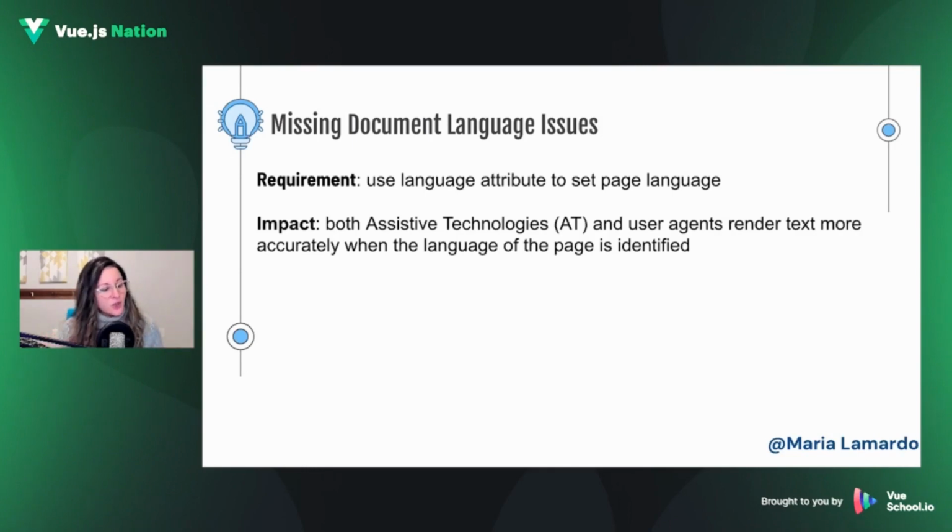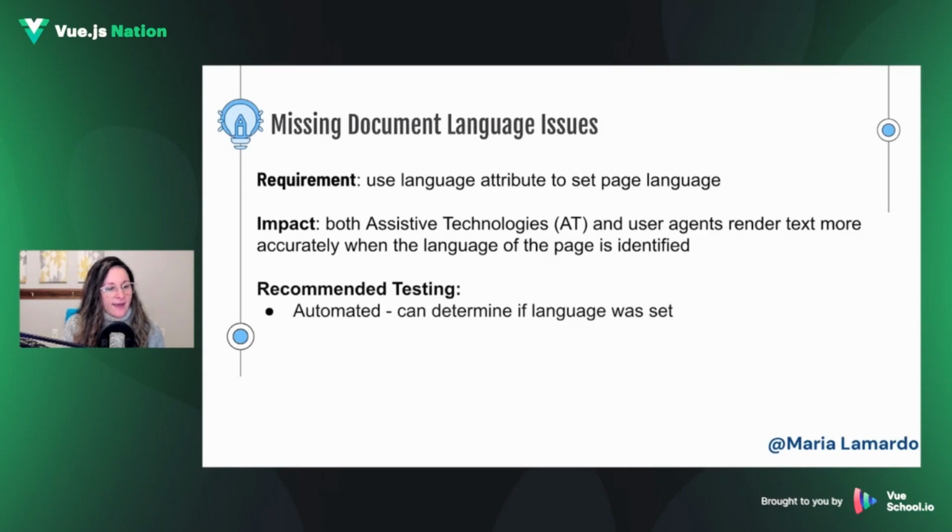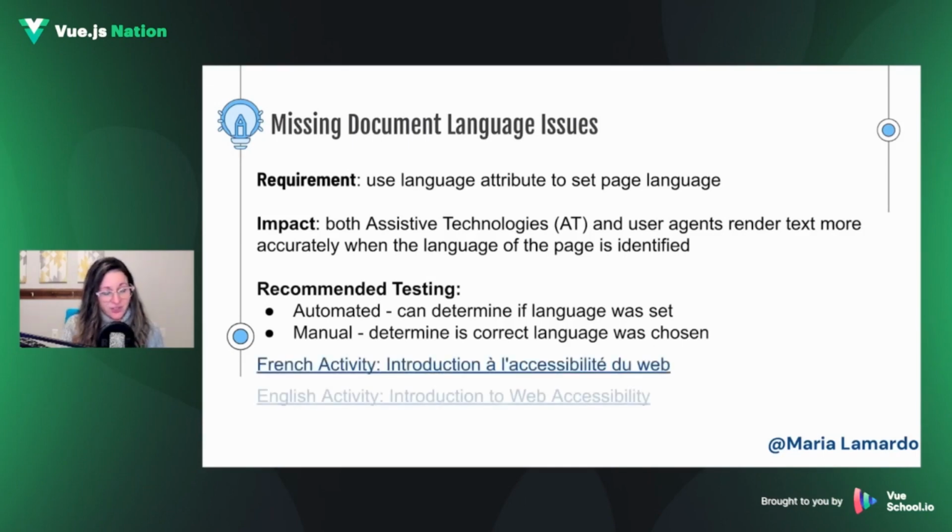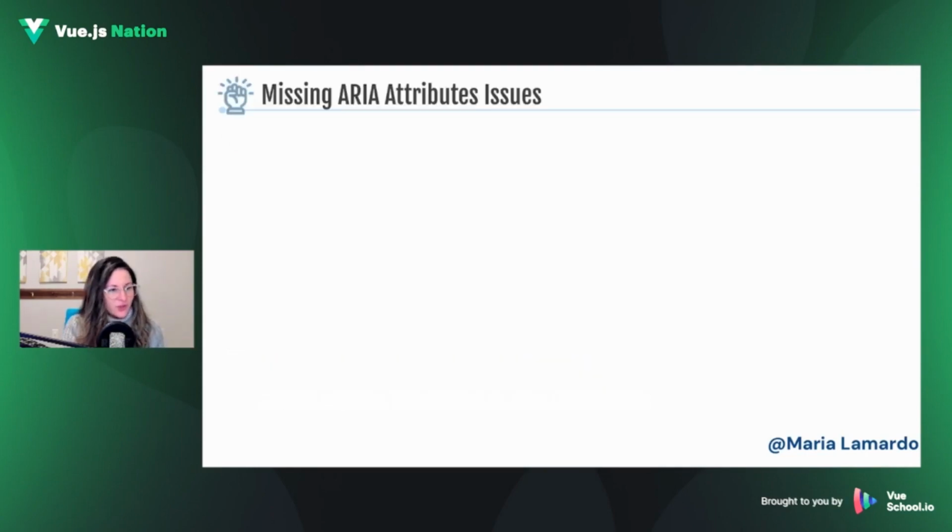Make sure that you're setting the language for those blocks of text. Now, automated tests can determine if a language is set, but you might want to manually check that the correct language is set. And you could check out these two different sites with different languages set to them.